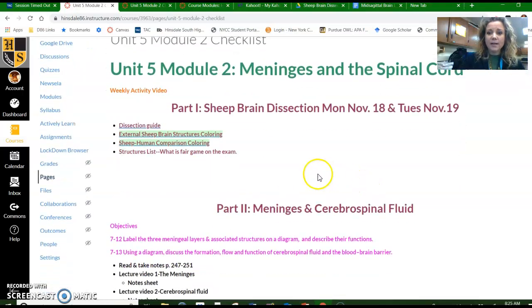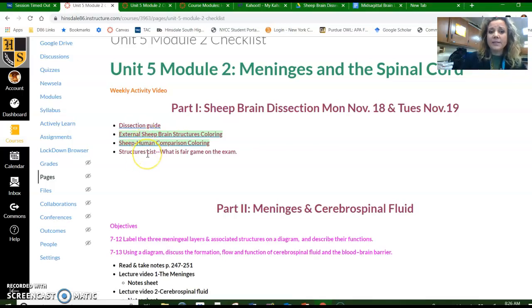Today, after your quiz, if you want to get ahead, you should start reading the dissection guide. You can even start working on these two activities, the external sheep brain structures coloring and the sheep human comparison coloring.